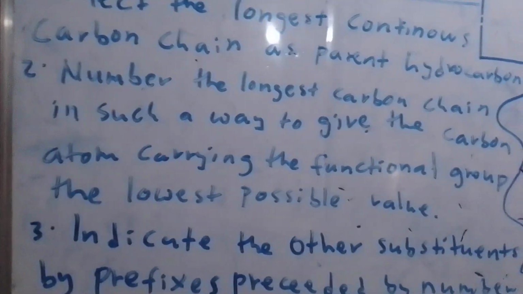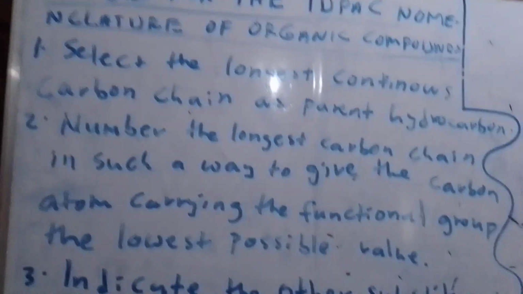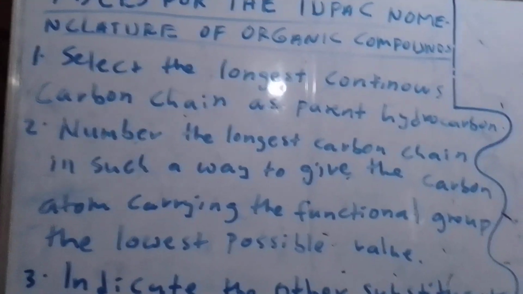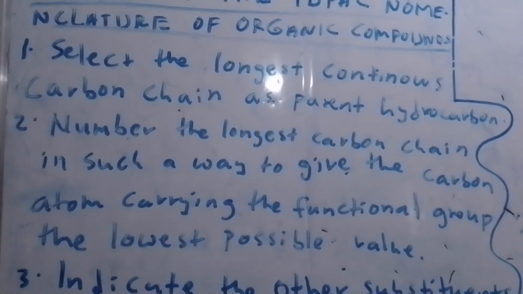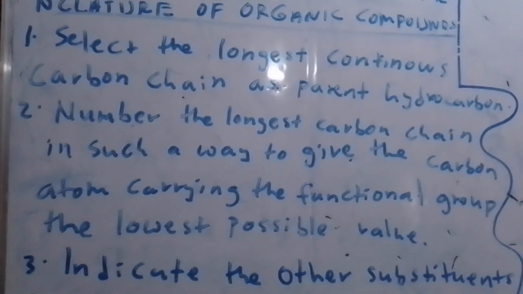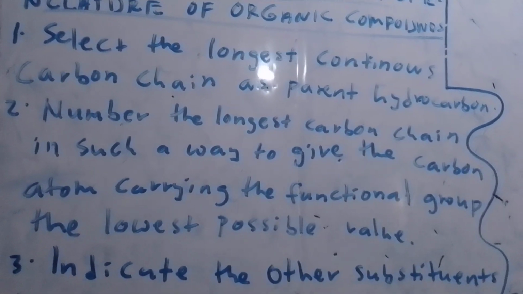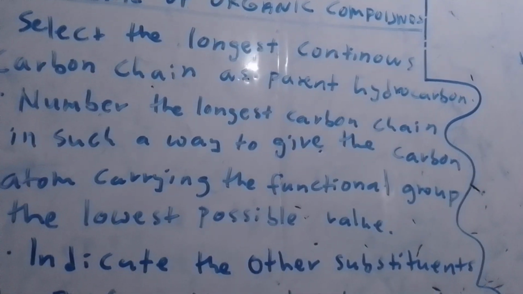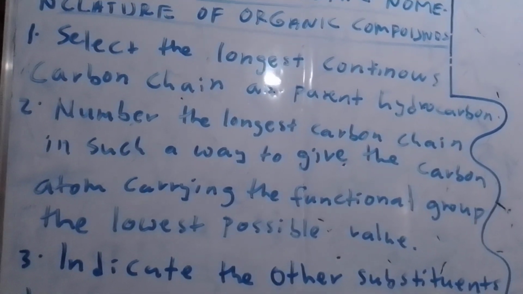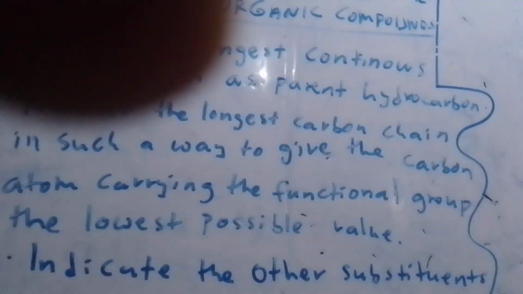Okay, now what we are saying here is that the first step is to select the longest continuous carbon chain. Having selected it, the next thing is for you to number it, and when you are numbering it, you have to number it in such a way to give the carbon that is carrying the functional group the least possible value. Alright, let's see how to do that.